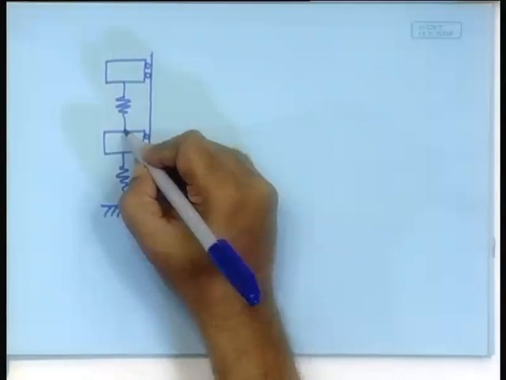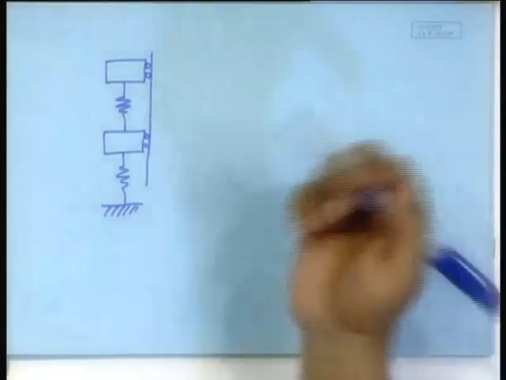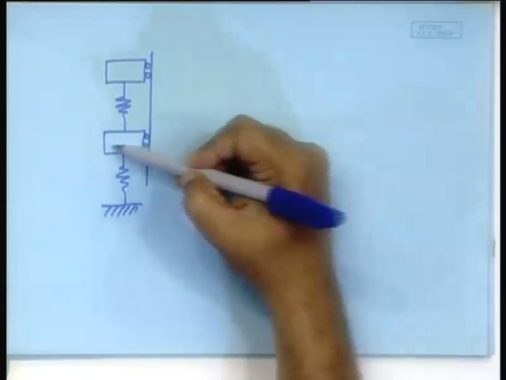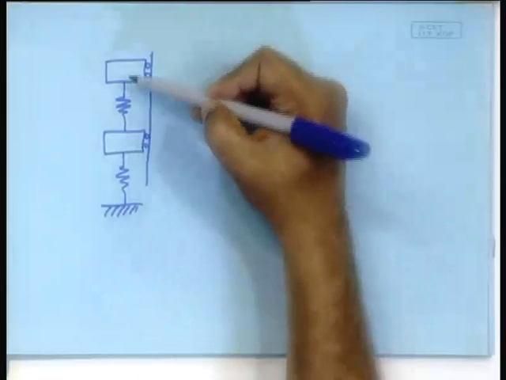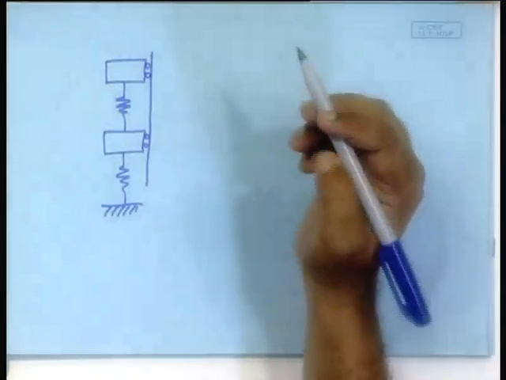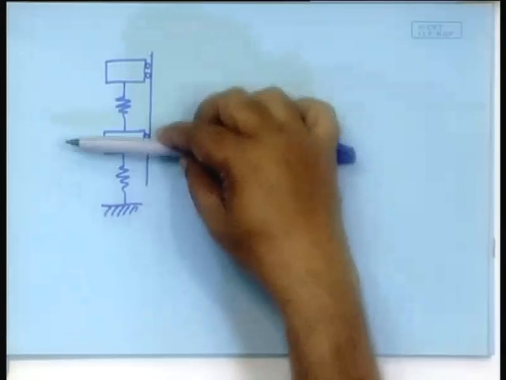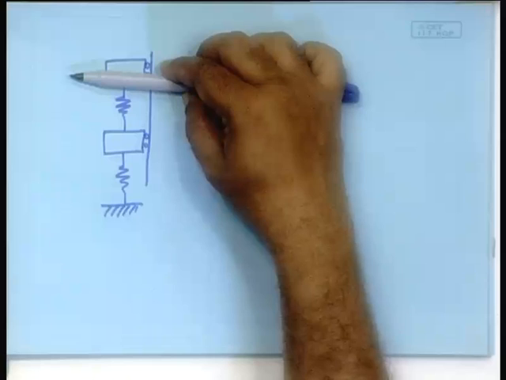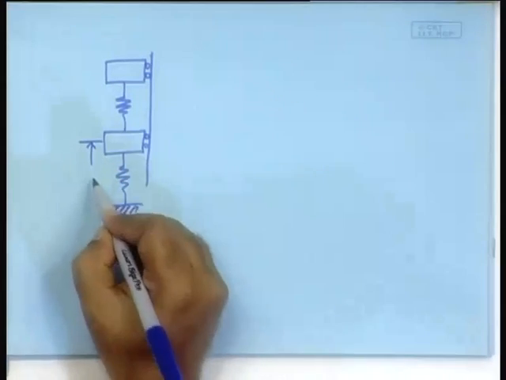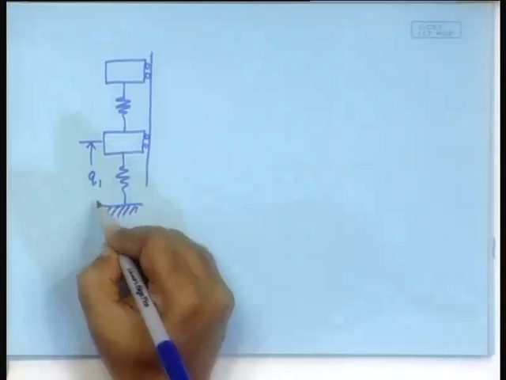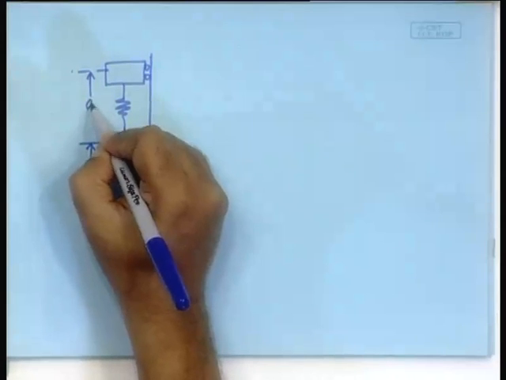But in that case we have to specify what we call the datum from which this mass, its position is measured, and also the datum from which this is measured. Okay. Now, you might say that let this be the datum from which this and that both are measured, or you could say that this is my Q1 and this is my Q2.